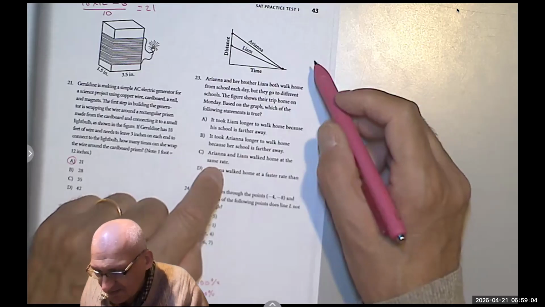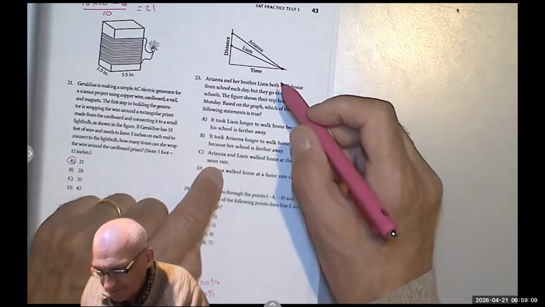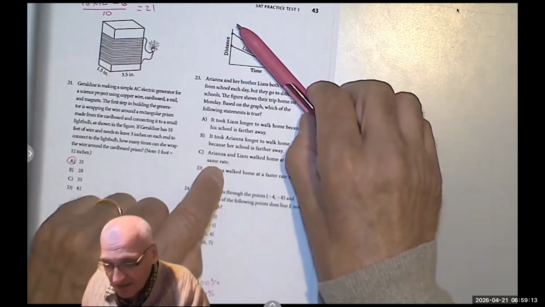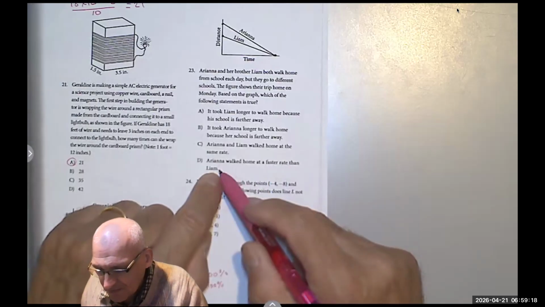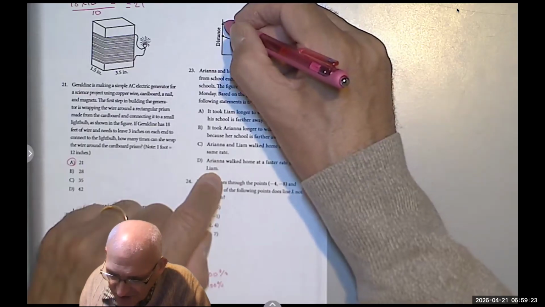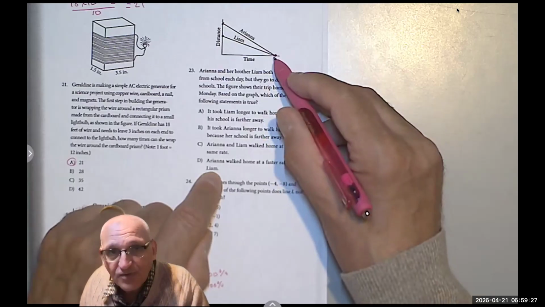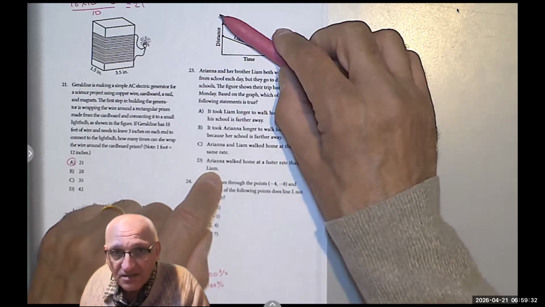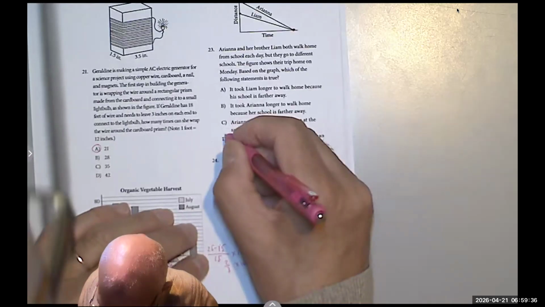No, if they walk at the same rate, then Liam would have arrived earlier, right? The rate is the slope, really. Ariana walked home at a faster rate than Liam. Of course, if they arrived at the same time and Ariana's school is farther, she had to walk quicker or faster to catch up with Liam at the same time. And the slope, as I told you, is the speed. So it should be D.